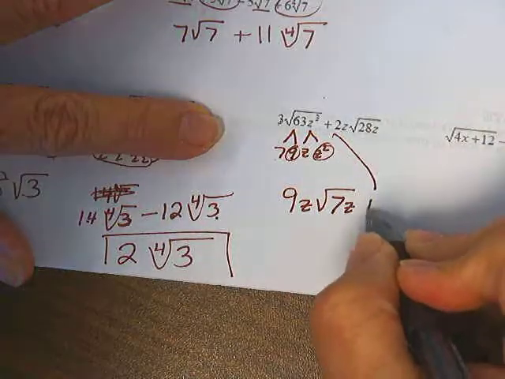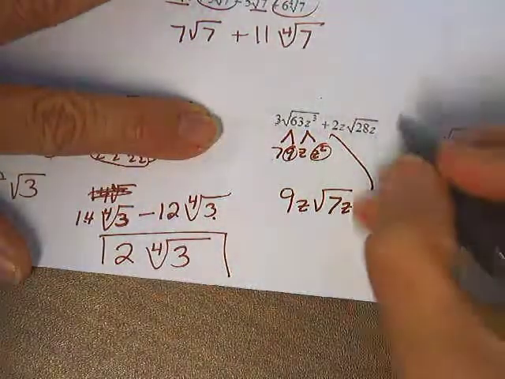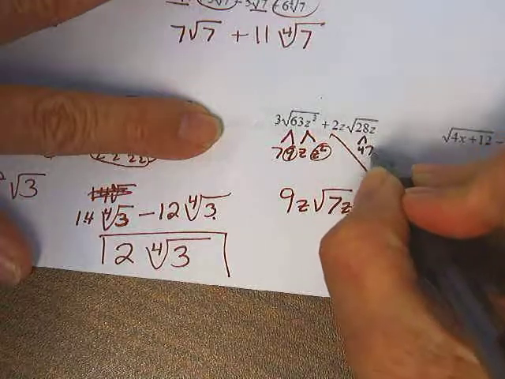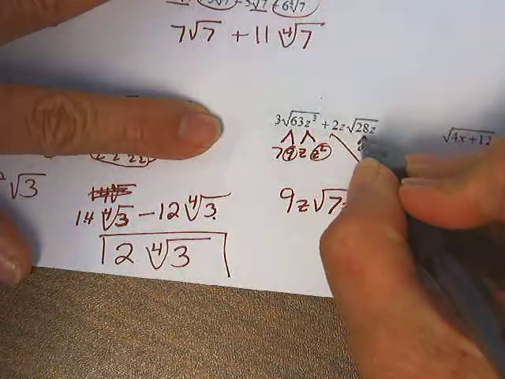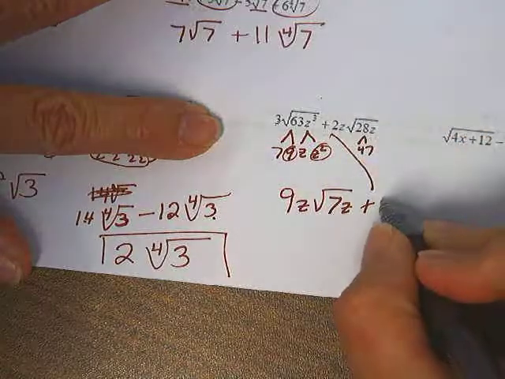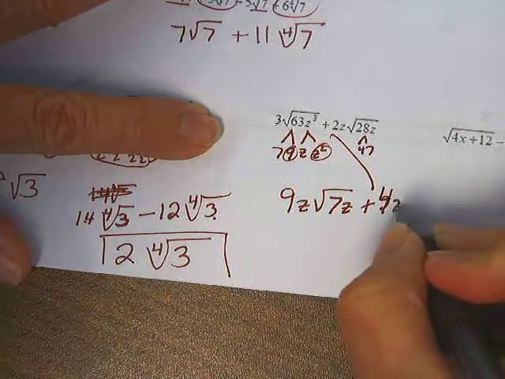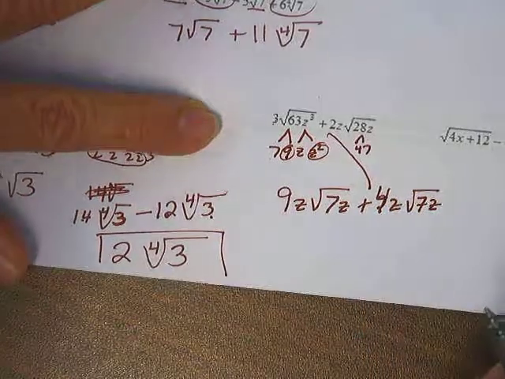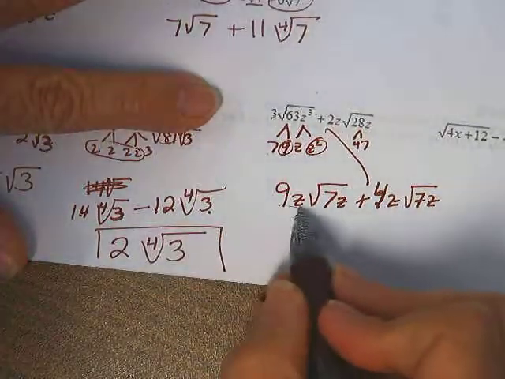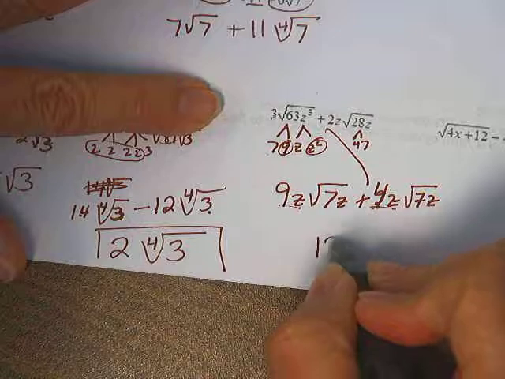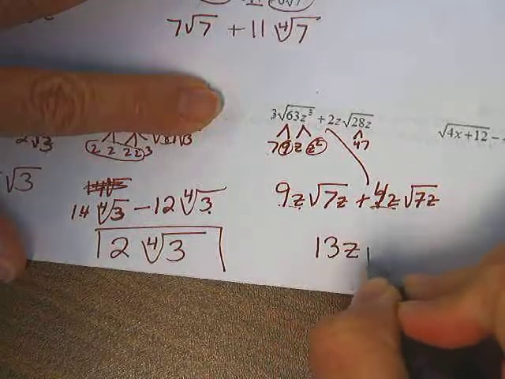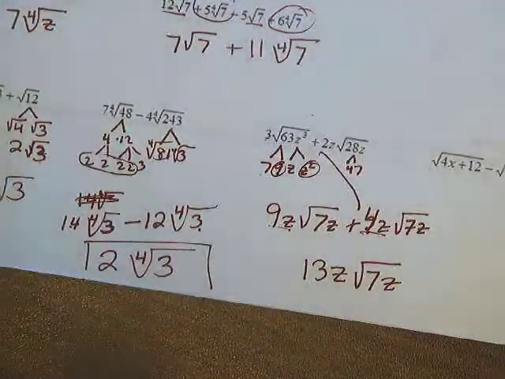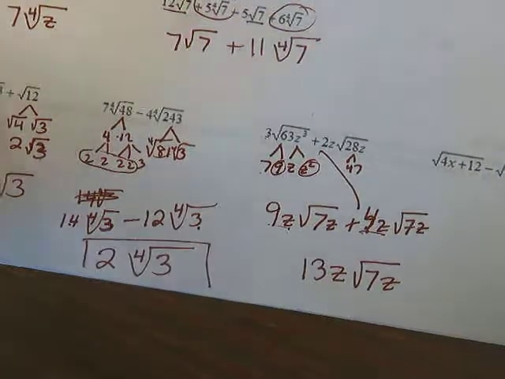Okay, and over here we have plus 28 is the square root of 4 times 7, so the 4 comes out as 2 times 2 is 4z with 7z underneath. Okay, so 9z plus 4z is 13z square root of 7z.